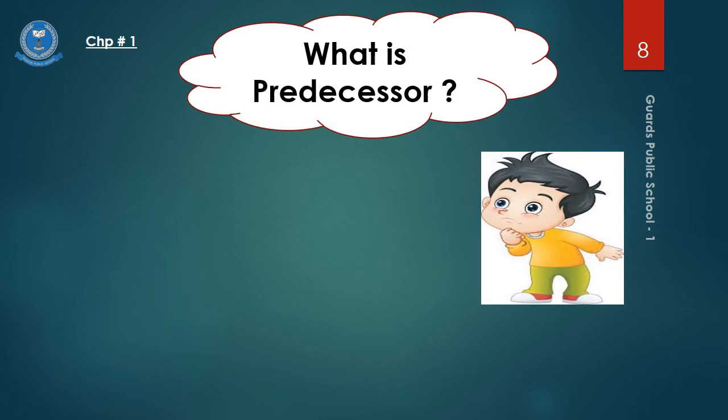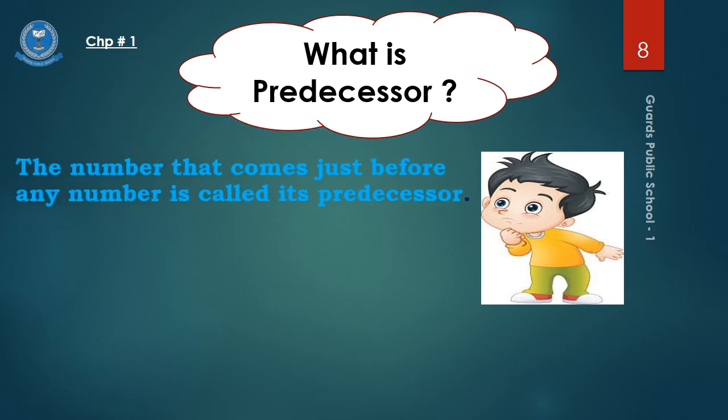Now let's move to predecessor. What is a predecessor? The number that comes just before any number is called its predecessor. Students, what is a predecessor? A predecessor means the number that comes immediately before any number. Let me tell you how to find the predecessor of a number with some examples.